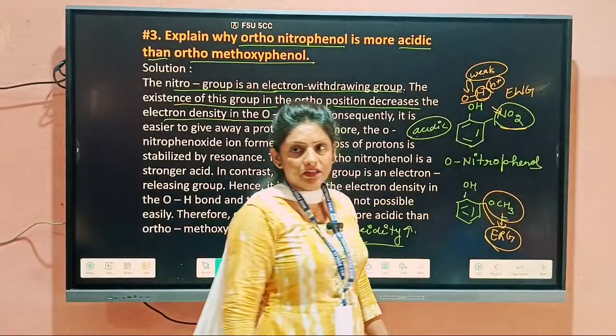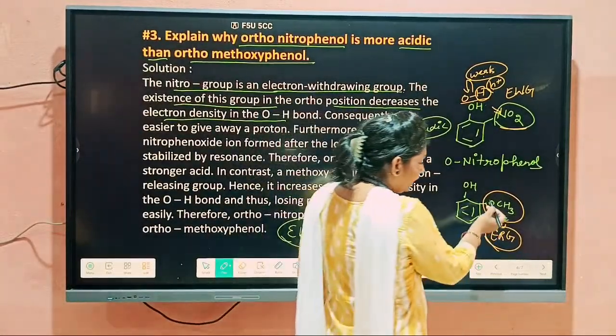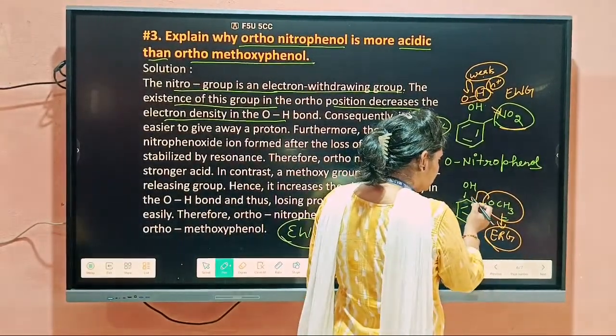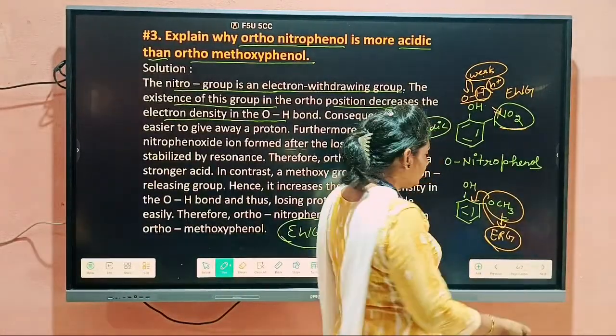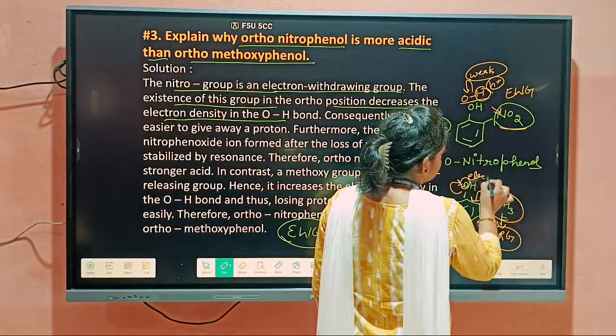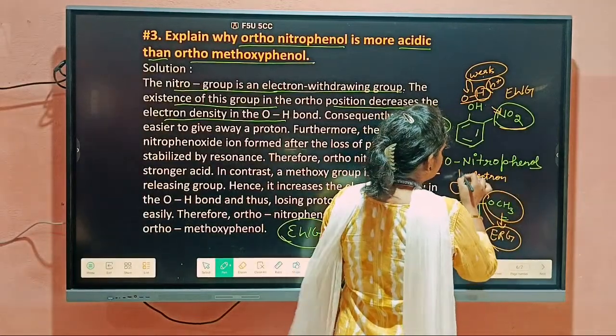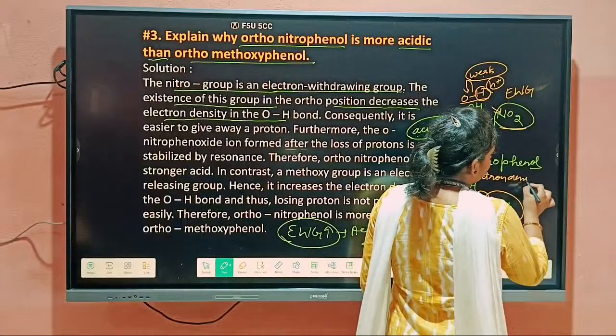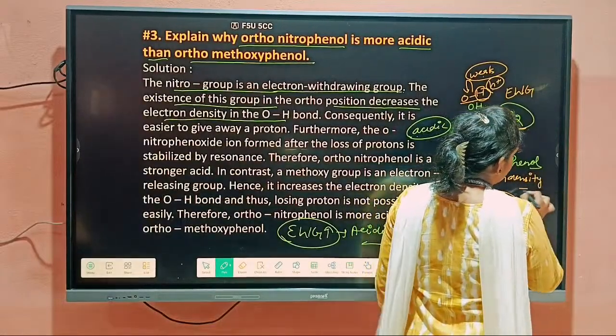But here this methoxy group is the electron releasing group, which means it donates electrons. Here it is giving the electron to this. So what will happen? It is increasing the electron density at oxygen.